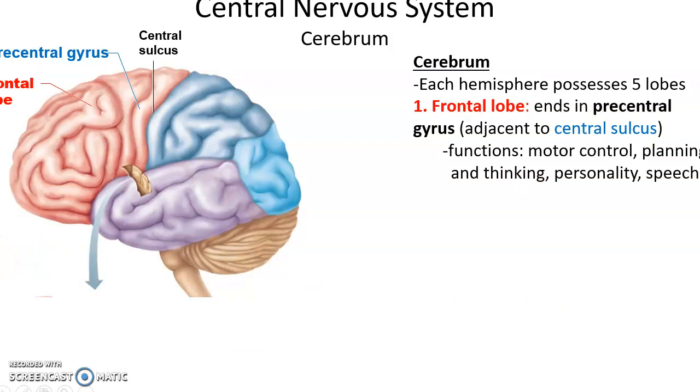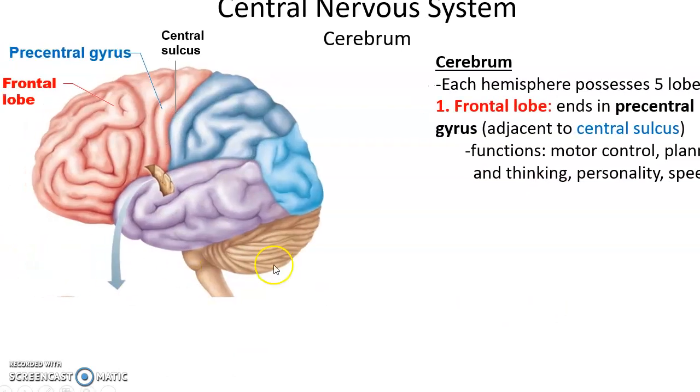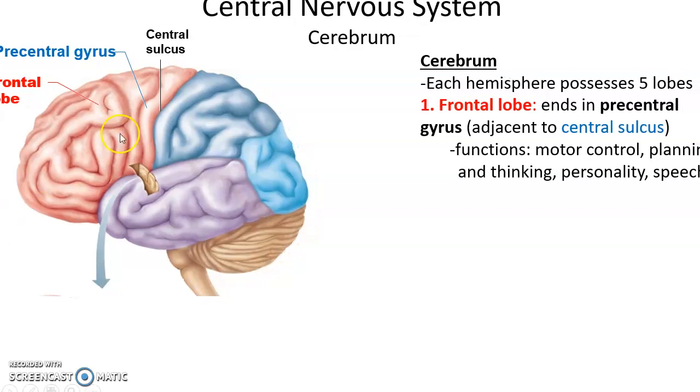There are 5 lobes to the cerebrum. You have the frontal lobe. It is anterior, or the front lobe, underneath the frontal bones. This would be the frontal bone, frontal lobe. At the posterior end of the frontal lobe is the precentral gyrus, this strip of brain tissue. The precentral gyrus is next to what's called the central sulcus, an important groove in the approximate middle top of the cerebrum.